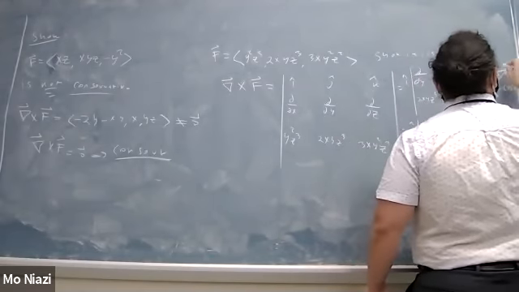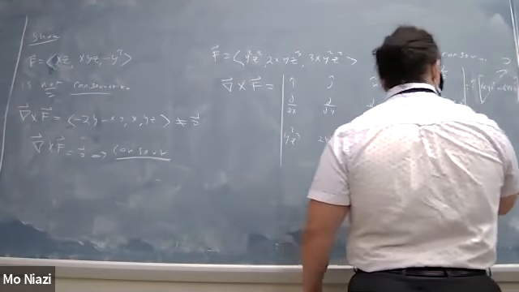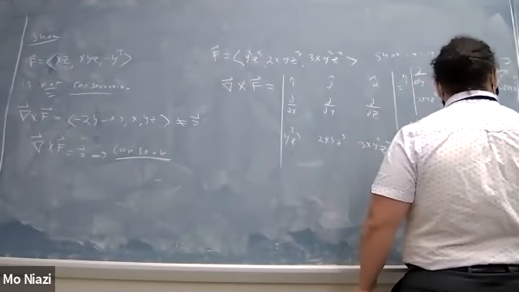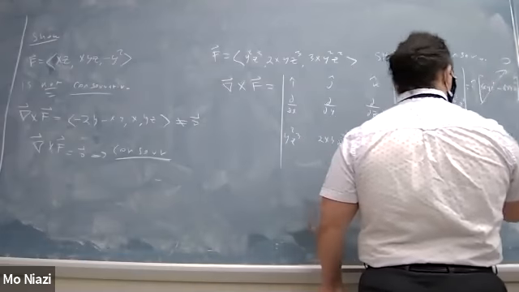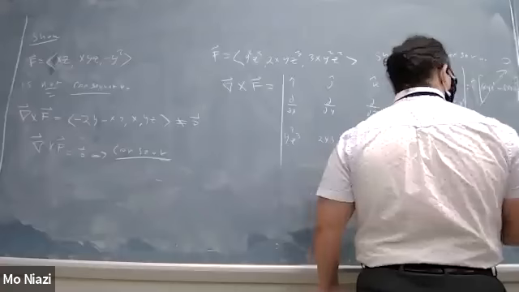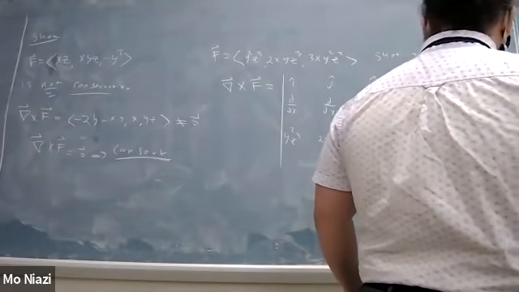So this goes to 0. Over here, partial z of this becomes 3y squared z squared minus partial x of this becomes xyz cubed.